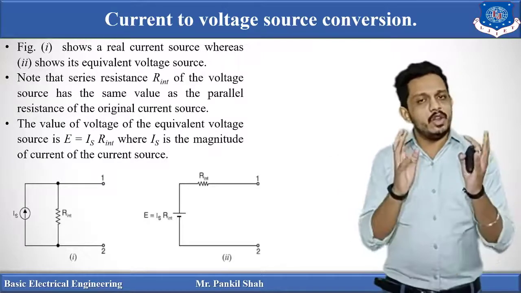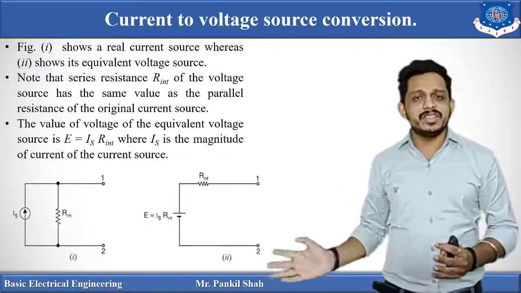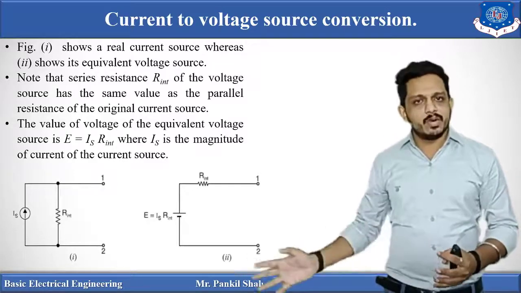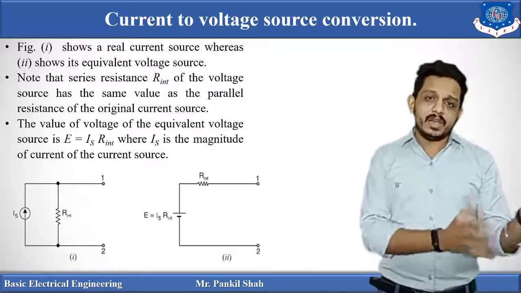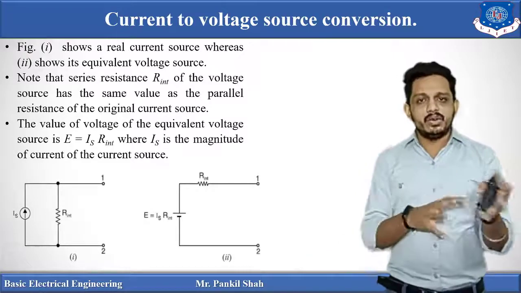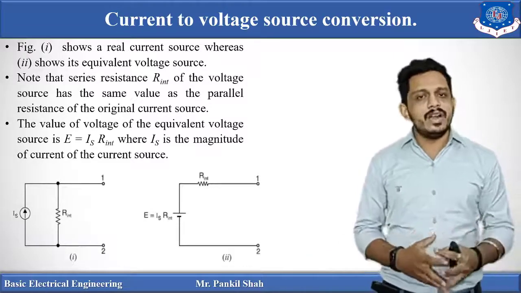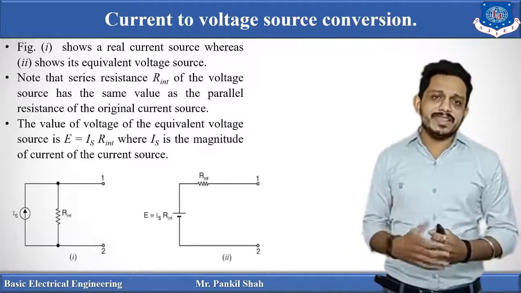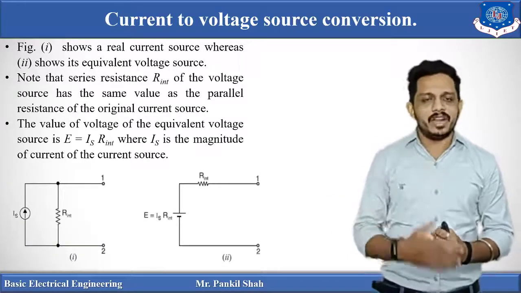The value is not changed, the value will be the same. So you can see this figure. There is one current source IS, there is one resistance RS, and we have drawn the equivalent voltage source according to that current source, and the equivalent voltage source is nothing but the E, and the resistance which was previously connected in parallel is now connected in series.